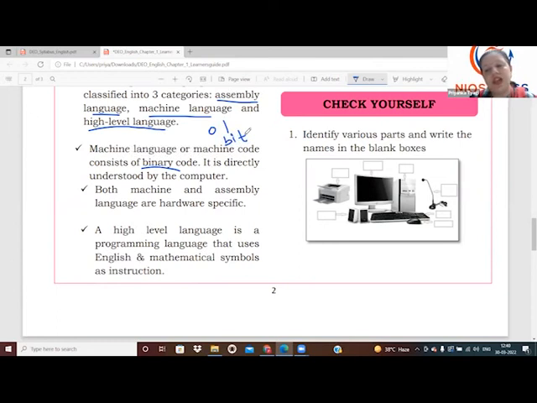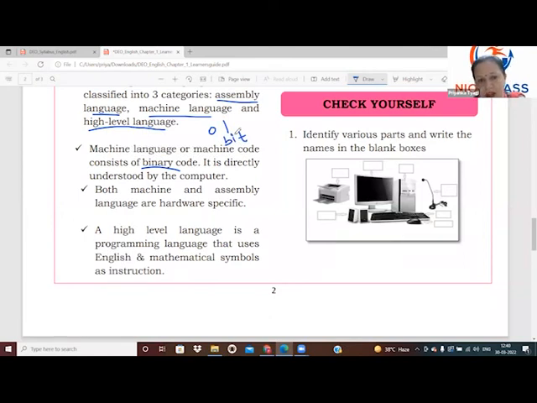Now machine language. Machine language has special codes like binary codes. If I compare machine language with assembly language, machine language is quite advanced. What is the specialty of machine language? The computer can understand this language directly.